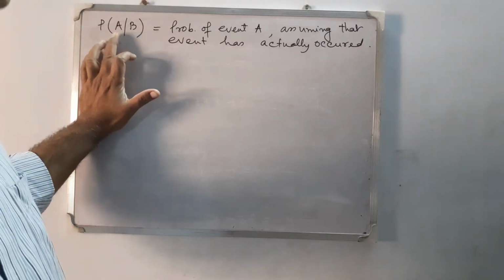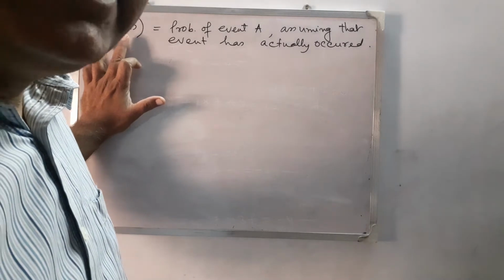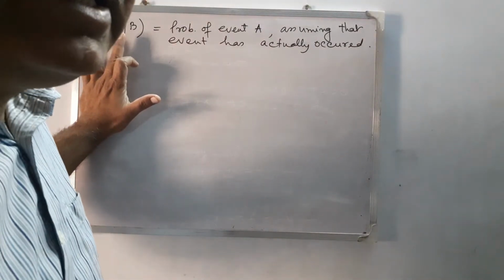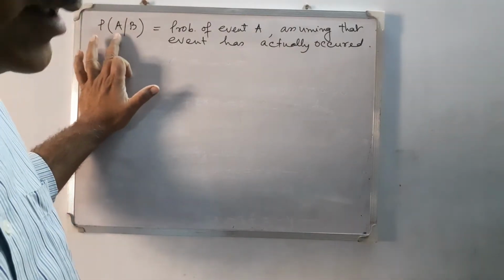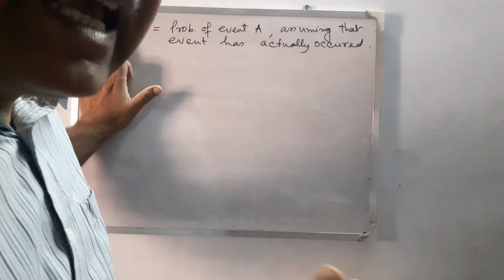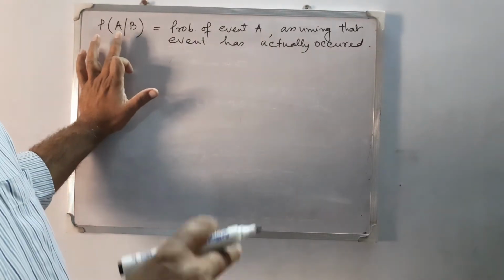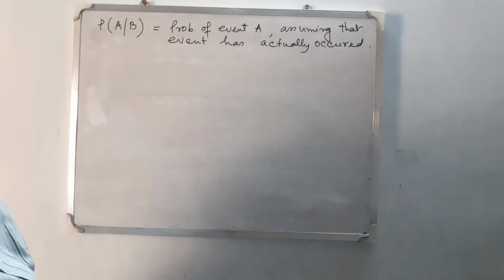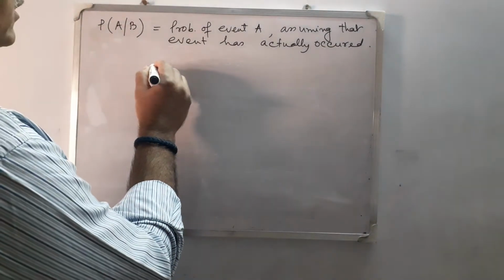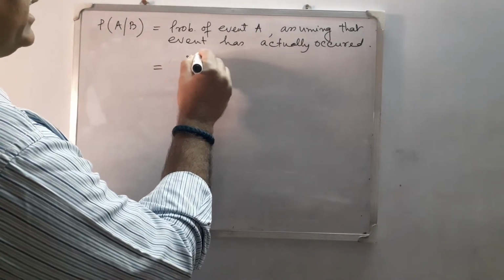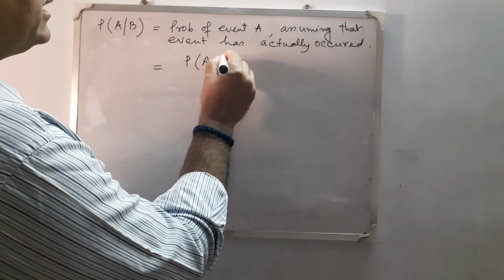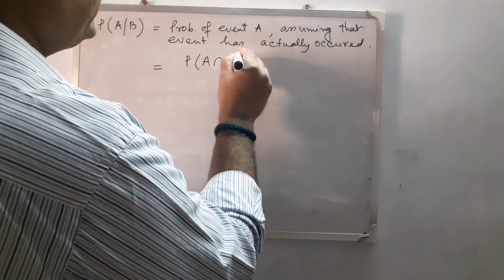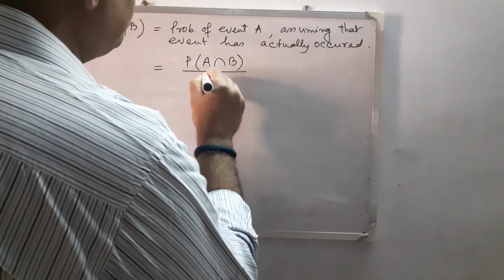Here, there are two events A and B. The event B will occur first, and after the occurrence of event B, event A will occur. The probability of A is affected by the occurrence of event B. To evaluate P(A/B), we have a formula, that is P(A intersection B) divided by P(B).